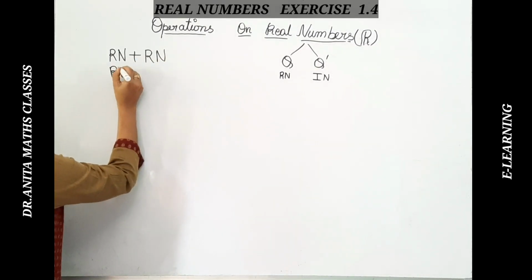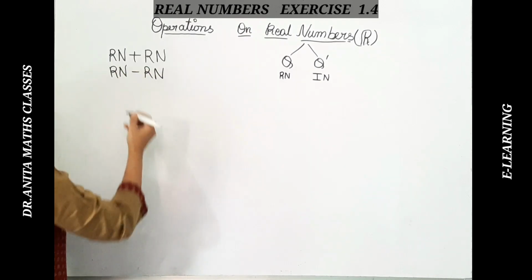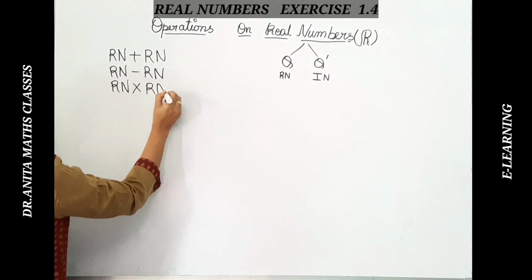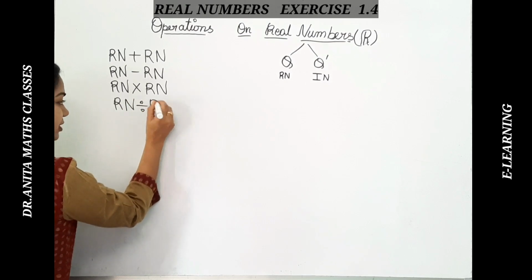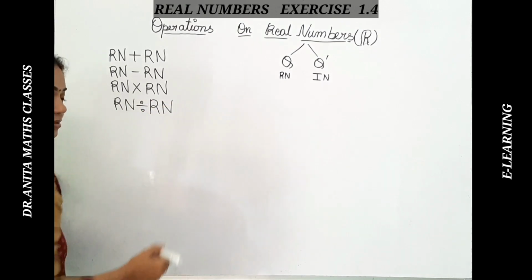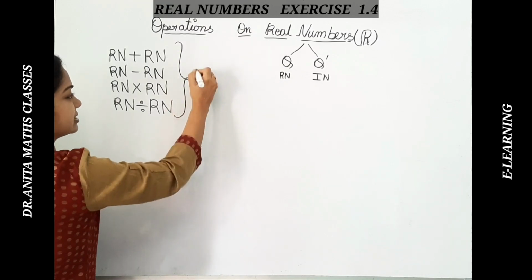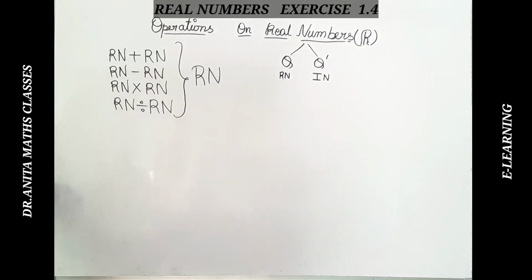The same when you subtract two rational numbers, you get a rational number. Check out. And if you multiply two rational numbers, you get a rational number. And if you divide a rational number with a rational number, in all four operations you get a rational number only. So in all these cases, we get only rational numbers, right?